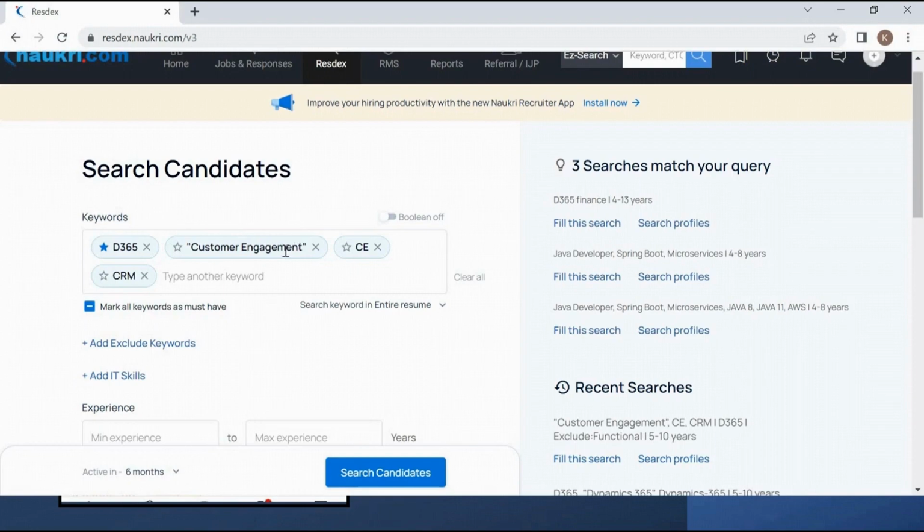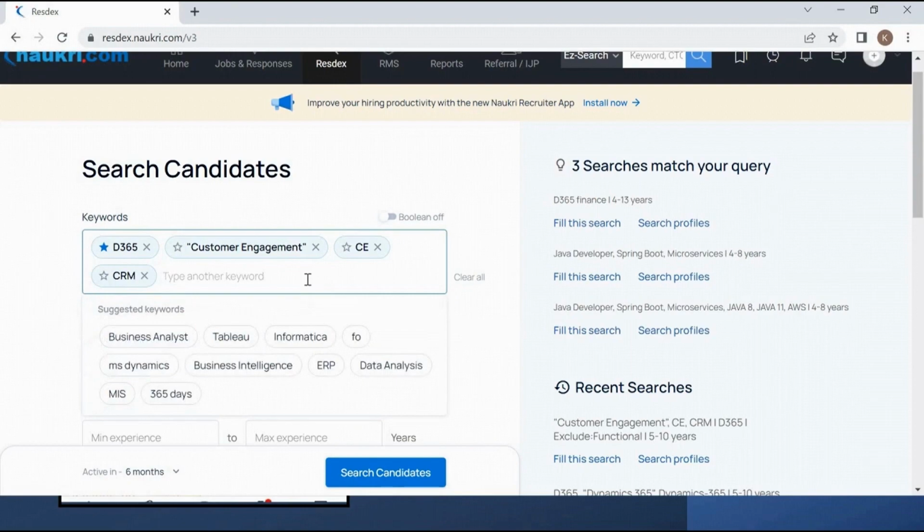And what about these 3 words? If I talk about these 3 words, it means now I will get the resumes wherever any of these is mentioned, either customer engagement, CE or CRM. If any word out of these 3 is mentioned in the candidate's resume, I will get that resume as well.